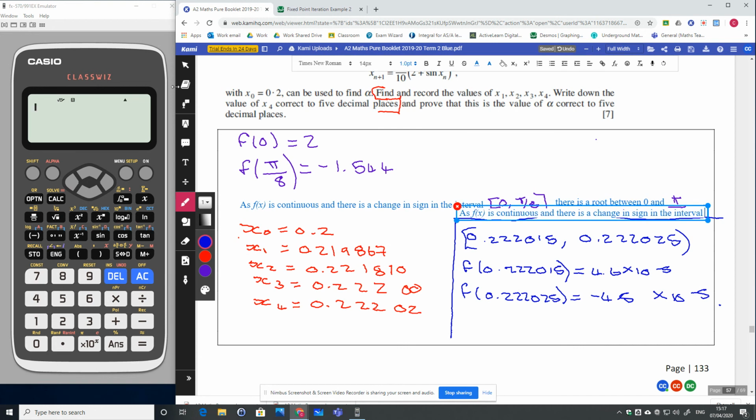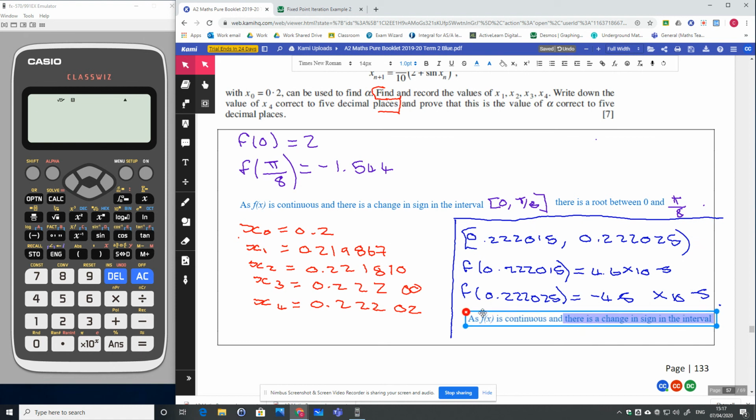Conclusion. Notice I'm using the same conclusion for the first bit of this every time. So the start bit will always be the same. So as f of x is continuous, there's a change of sign in the interval. But then this conclusion needs to answer the question. So we're trying to prove that we're correct to 5 decimal places.